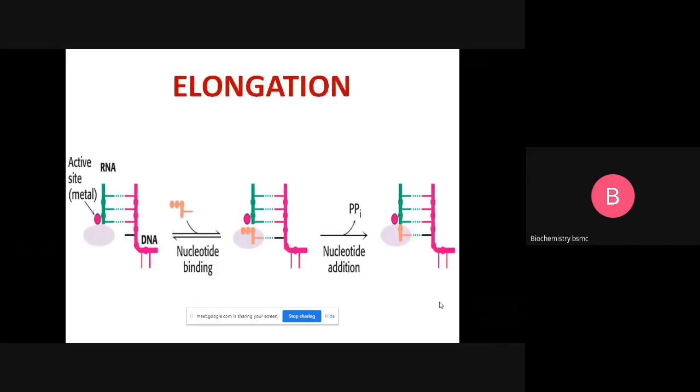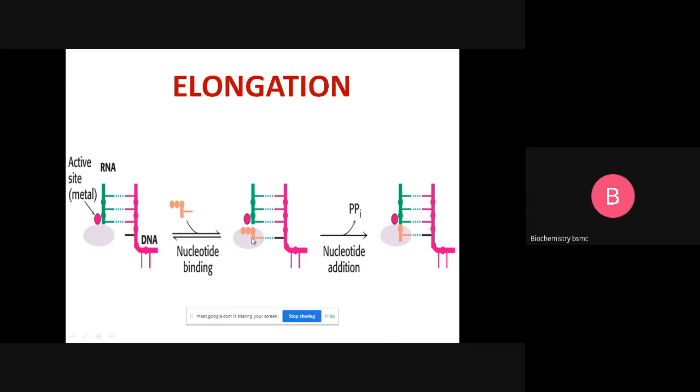In this diagram, we again see how it occurs. Usually, there is a metal ion, a magnesium ion, which is attached to the polymerase. This is the polymerase shown in light gray, the green one is the RNA, and the DNA is there. You see the newly recruited nucleotide triphosphate comes and sits over the 3' end of the growing RNA chain.